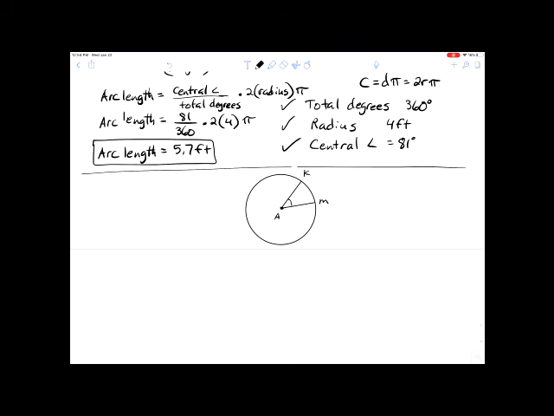Okay? So this angle right here, let's say it is 47 degrees. The distance between A and M and A and K is going to be, let's say, 7 miles. That is a lot of miles.